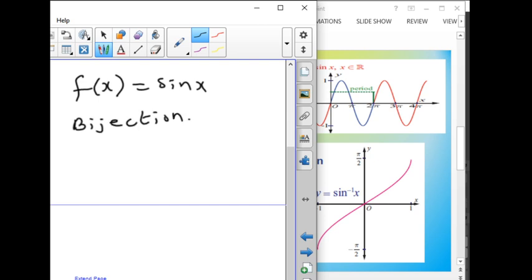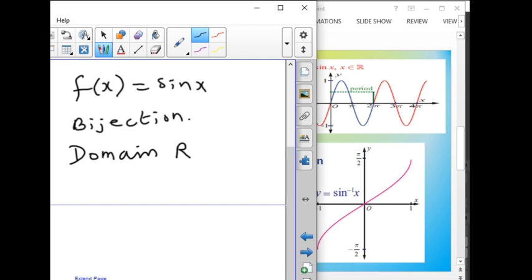So it has inverse function only when it is a bijection. Okay. So here the domain we have taken as R. If you take domain as R, sin x will not be 1 to 1. It is not 1 to 1 on R. Is it clear all of you? Therefore, the domain should be restricted.